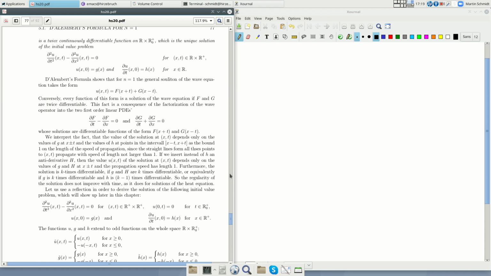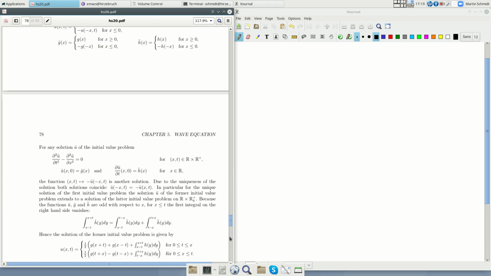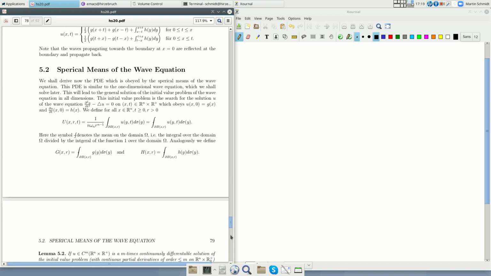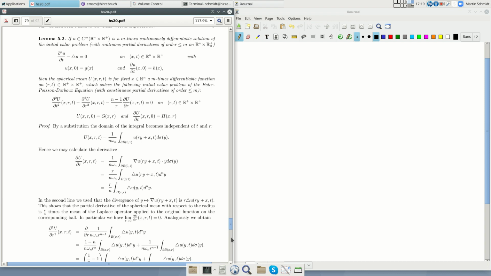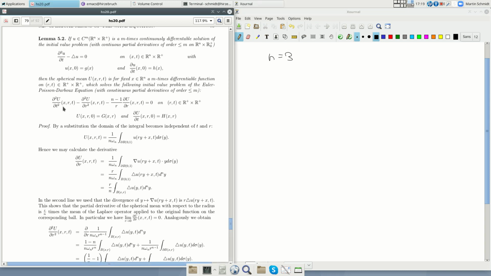So let's recall this equation and see how it looks in dimension 3. So n is now 3. Here is the Euler-Poisson-Darboux equation in Lemma 5.2.